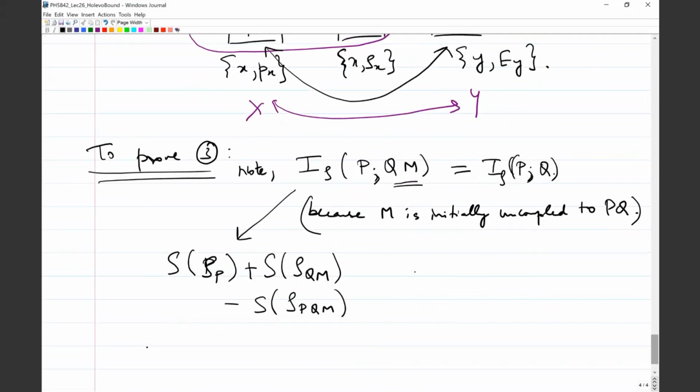S of rho P plus, now S of rho QM is going to factor as rho Q tensor rho M, correct? And the von Neumann entropy of the tensor product is the sum. Do you see what's happening?